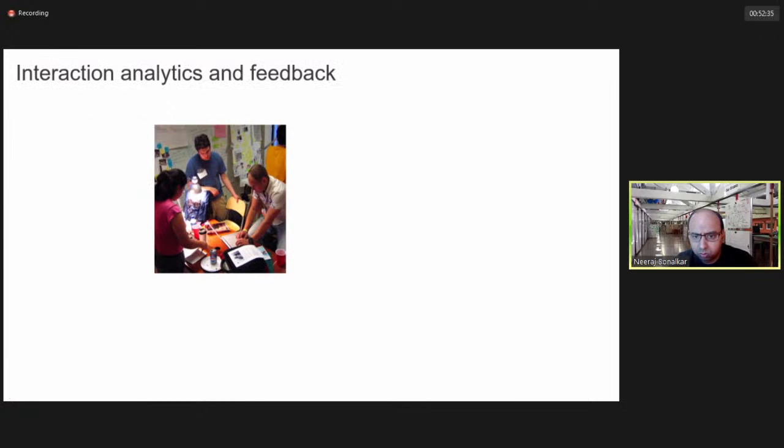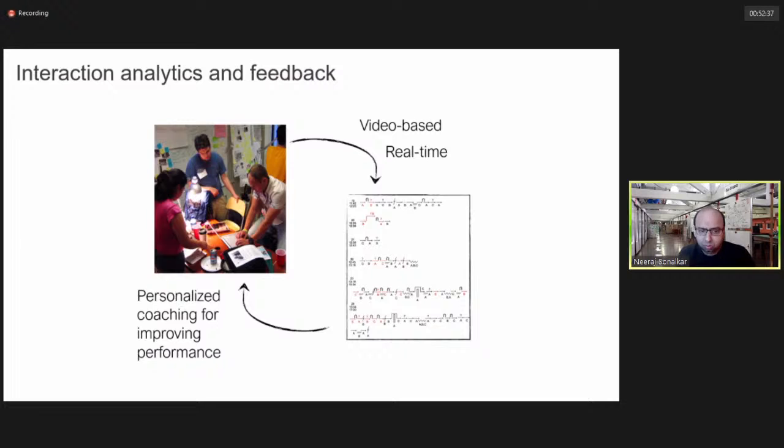And the way we use these findings within our research is actually to give feedback to teams. So we come to a team, we do this notation, we show the notation back to the team, and then we coach them to improve their performance.